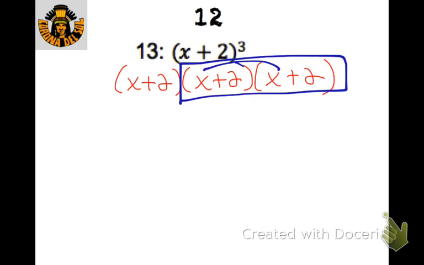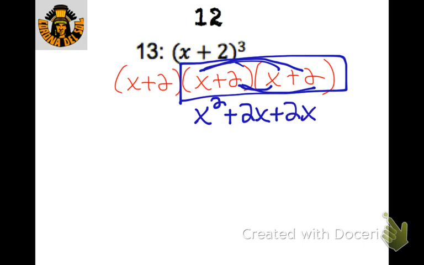So I multiply these together, so we're just distributing. So we're going to do x times x, so that's going to be x squared. Then we're going to do x times 2, so that would be 2x. Then we're going to distribute the 2 through each of the terms, so that would be 2x. And then we're going to multiply the 2 times the 2, so that would be 4.